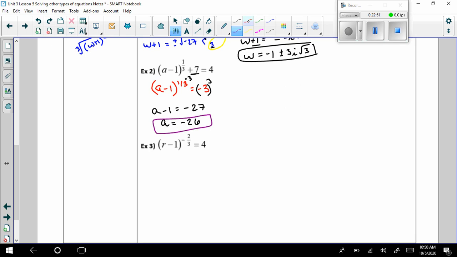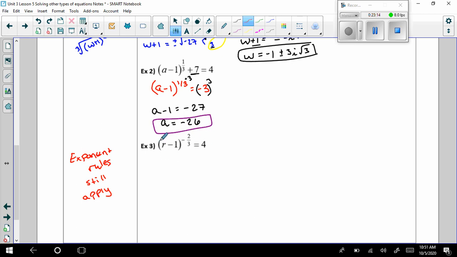Okay, so now we have a negative exponent. Negative exponent rules still apply. All exponent rules still apply. And so we're going to flip this one first. Actually, no, we're not. But just keep in mind that the answer will flip because we're going to raise it to a negative power.